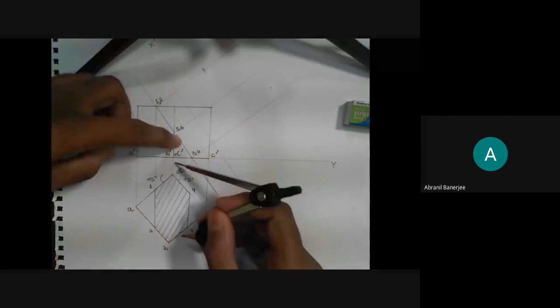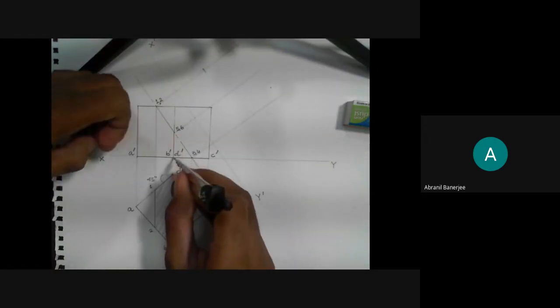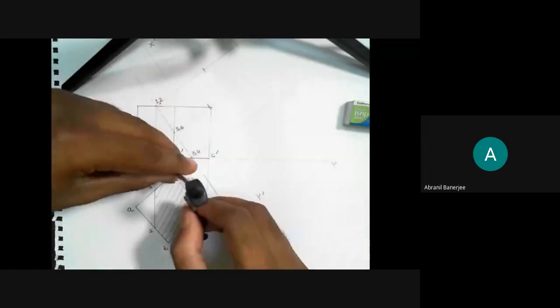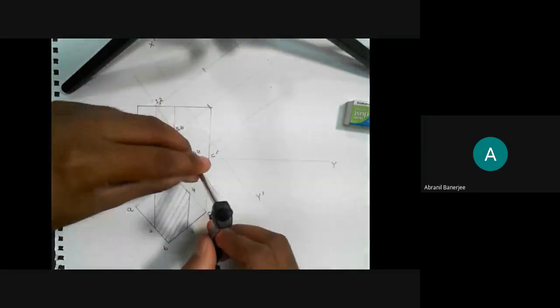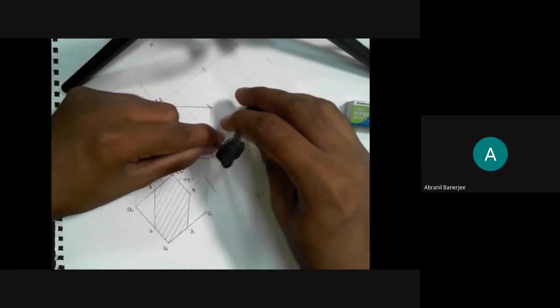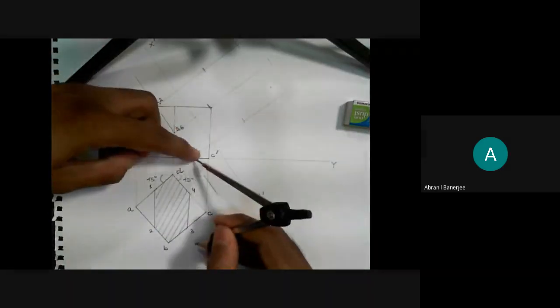Similarly, I'll take the distance of D, whatever you can call D or 5 and 6, it's up to you, no problem. 5 and 6. I'll take the distance of B. Similarly, 4 above XY, and then 3 above XY.